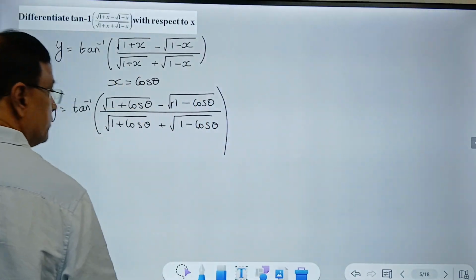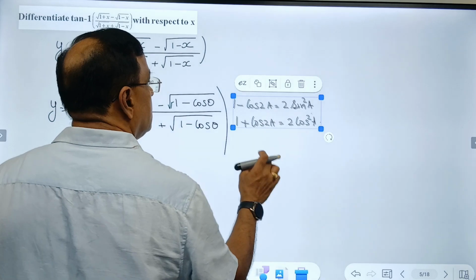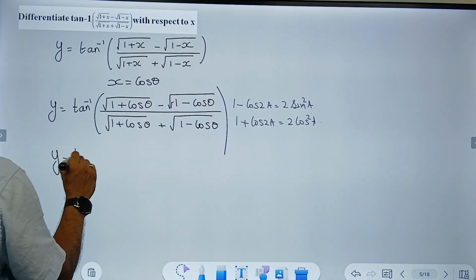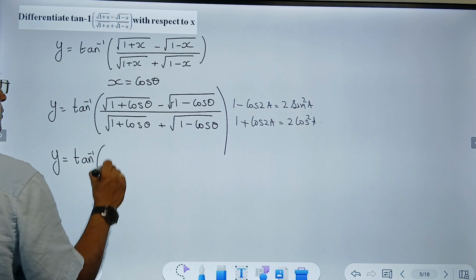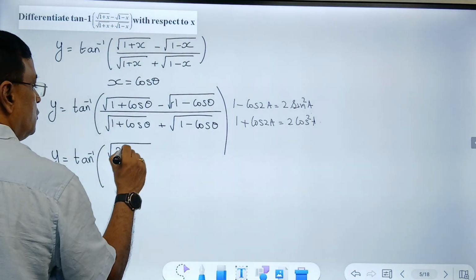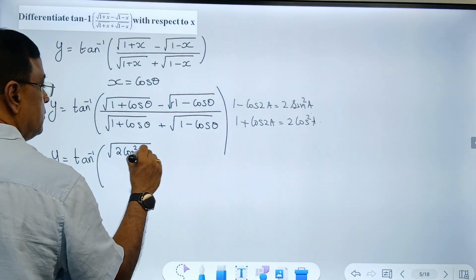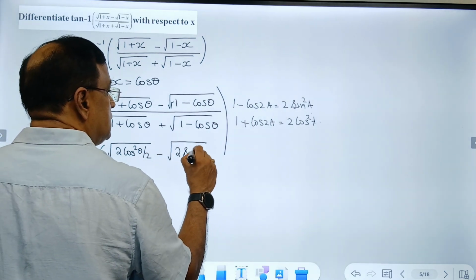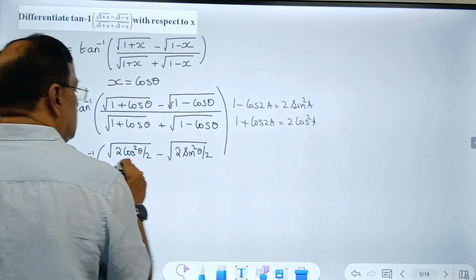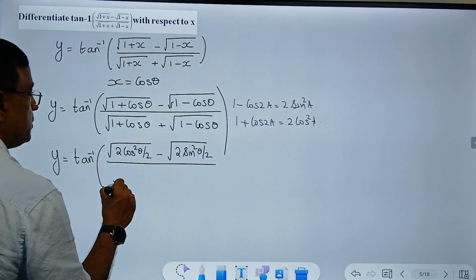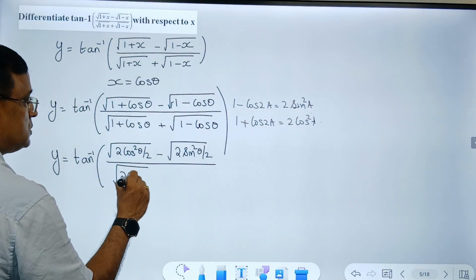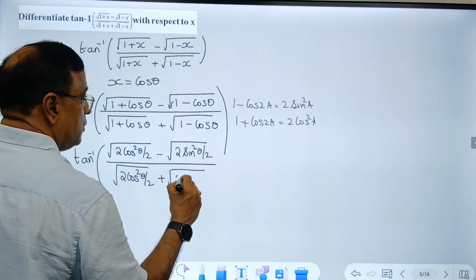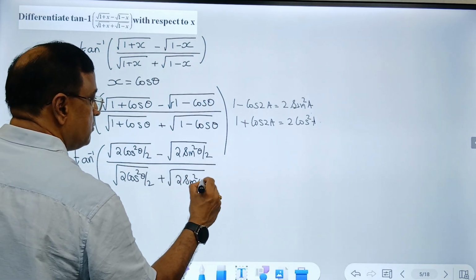So here I'm going to use this formula. Let me keep it here. So what is this formula? Y equal to tan inverse of square root of 2 cos square theta by 2 minus square root of 2 sin square theta by 2 divided by square root of 2 cos square theta by 2 plus square root of 2 sin square theta by 2.